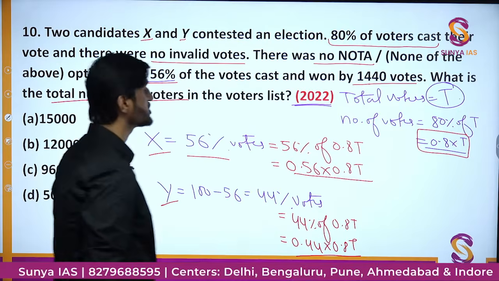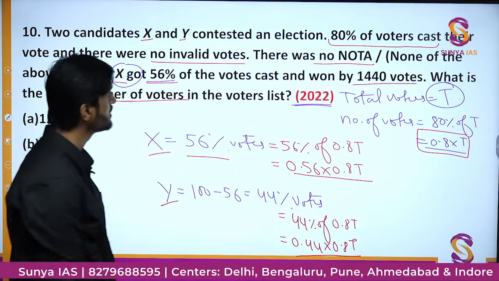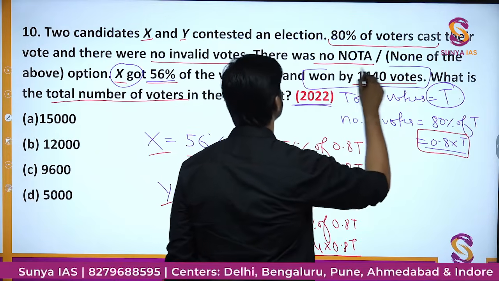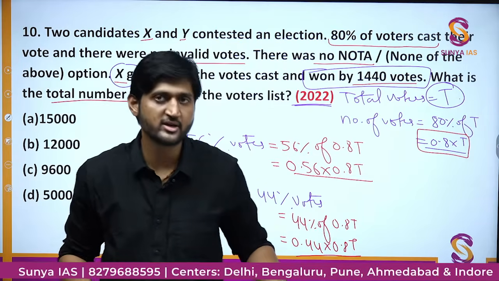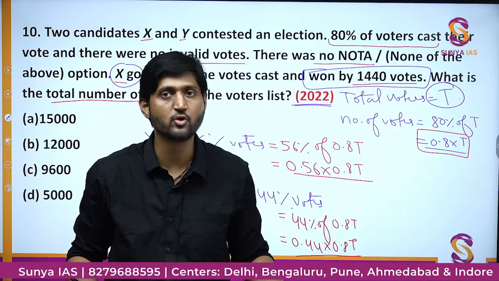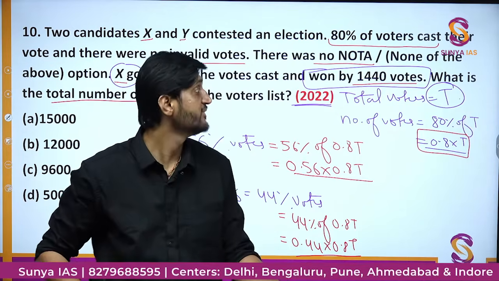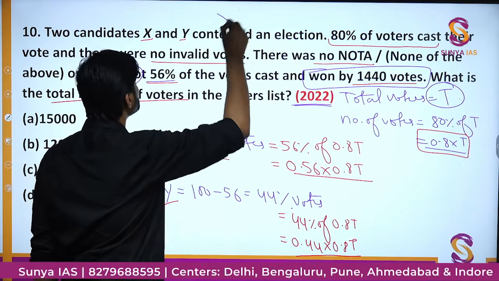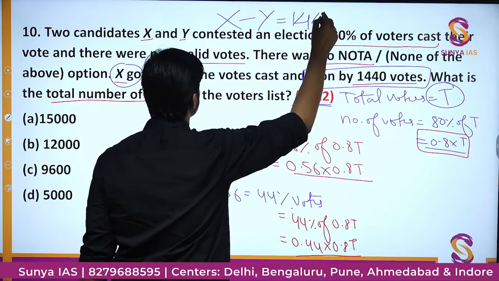One more piece of information is given to you, and that information says candidate X has won by 1440. Candidate X is winning by 1440 votes. What on earth does that mean? That means that the votes of X minus votes of Y is 1440.